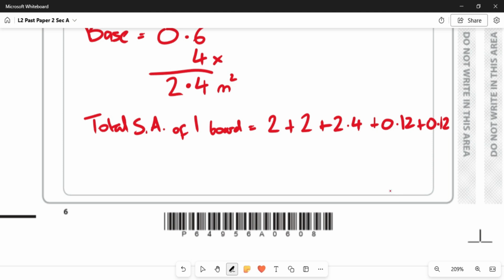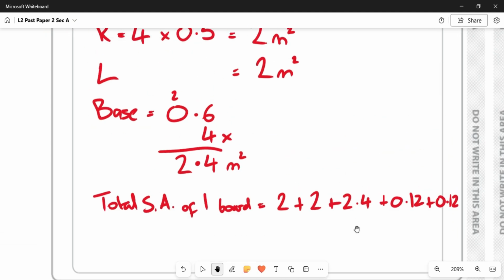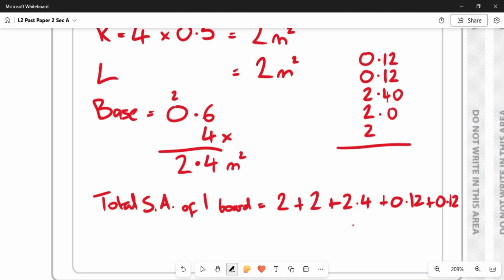I'm going to have to do it like this. I'm going to have to add it in a line. 0.12, 0.12, 2.4 goes there. The 2 goes here and the 2 goes here. Is that all of them? 1, 2, 3, 4, 5. Yeah. And I tell you what, I'm going to add zeros so that it's all in line.